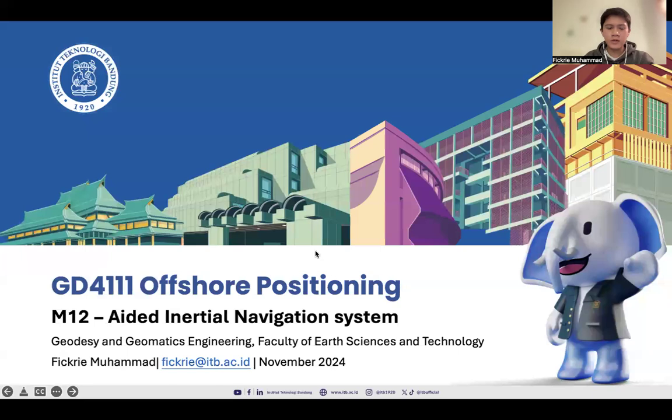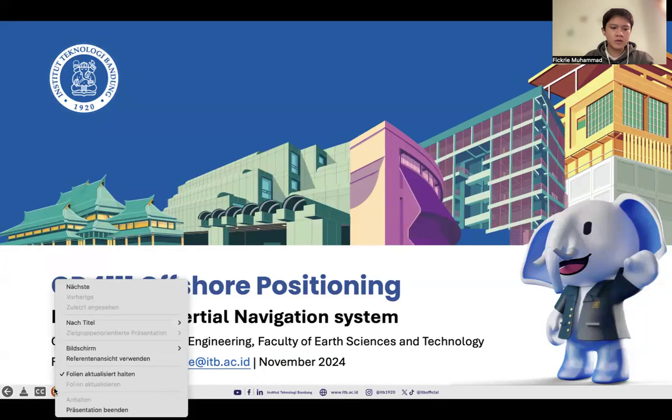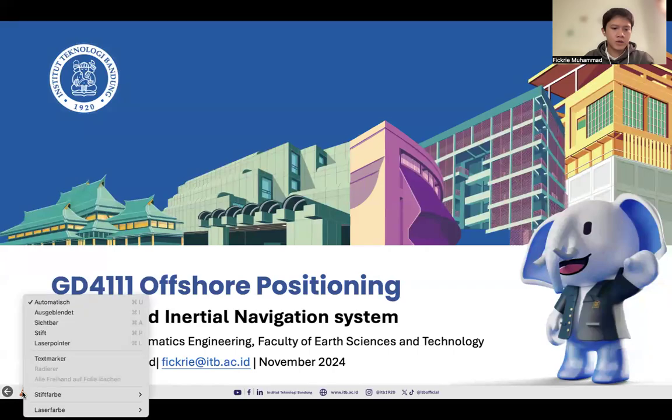Module 12 is about the aided inertial navigation system. We've talked previously about inertial navigation systems and inertial navigation sensors, and also the reference frames normally used in inertial navigation systems.